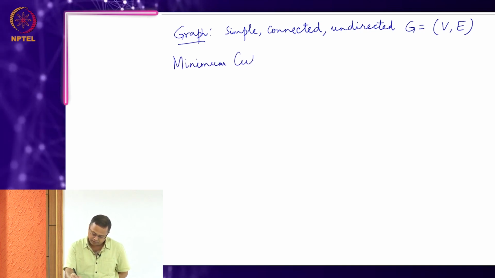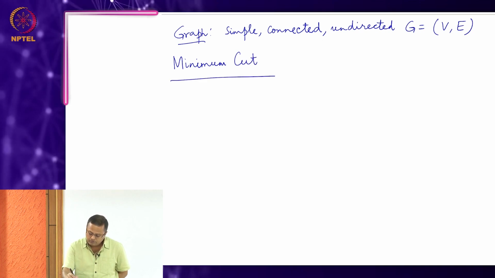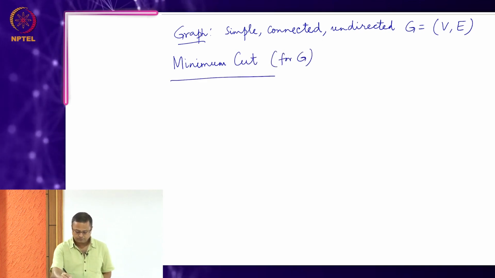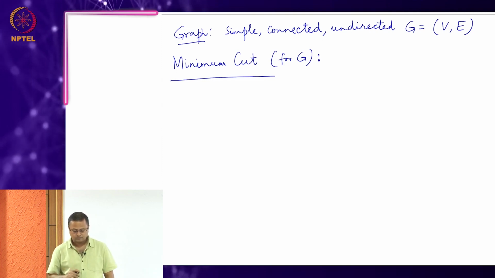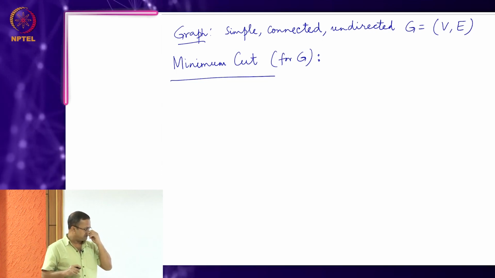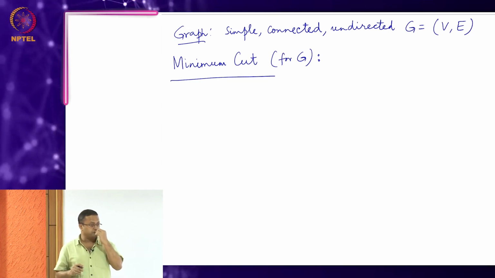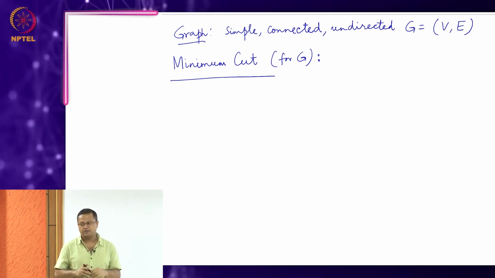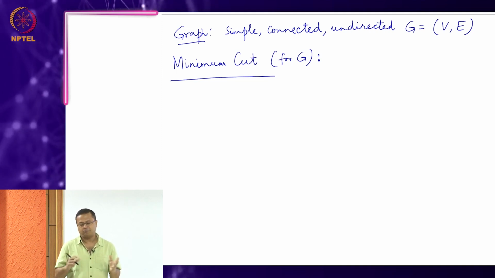So, what is the minimum cut for G? This is a problem useful in clustering, in partitioning, in many places.